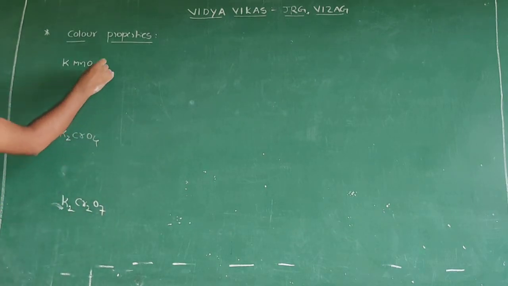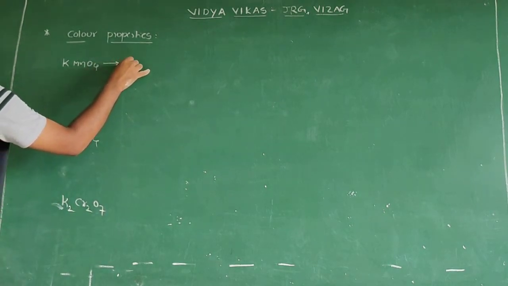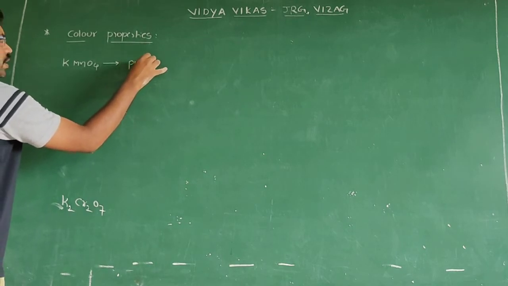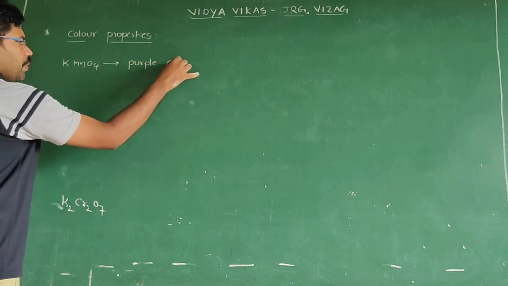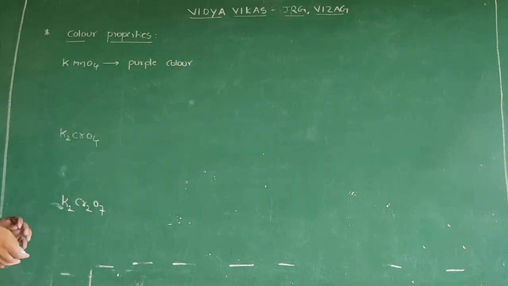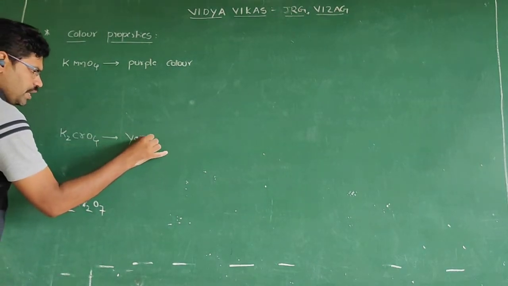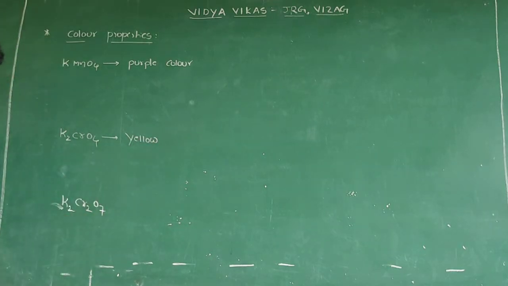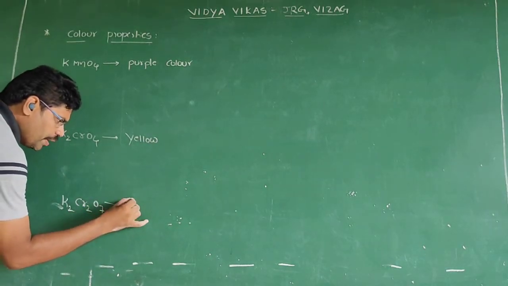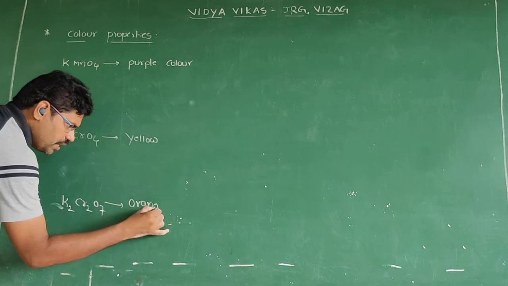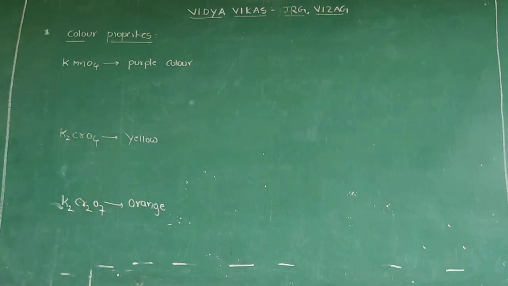In our laboratory, KMnO4 appears in purple color. Keep in mind. What about K2CrO4, sir? It appears in yellow color. What about potassium dichromate, sir? It appears in orange color.